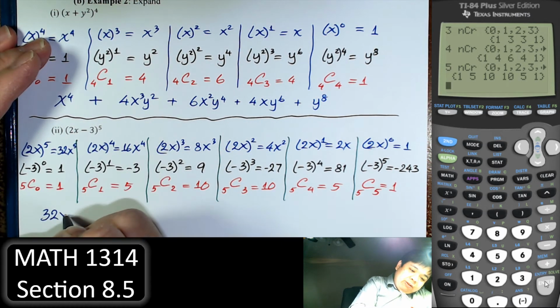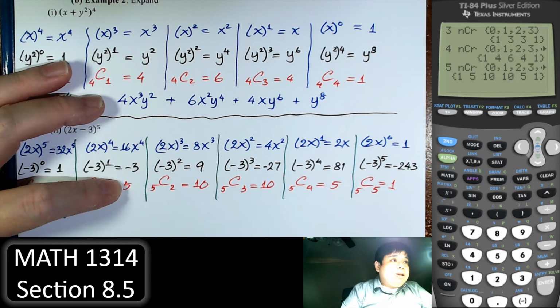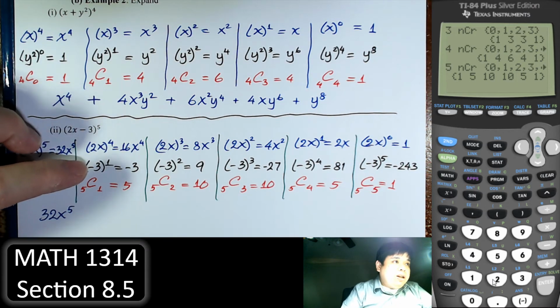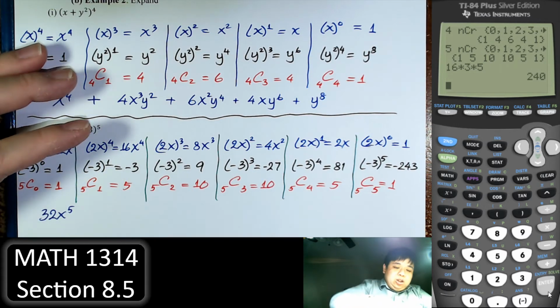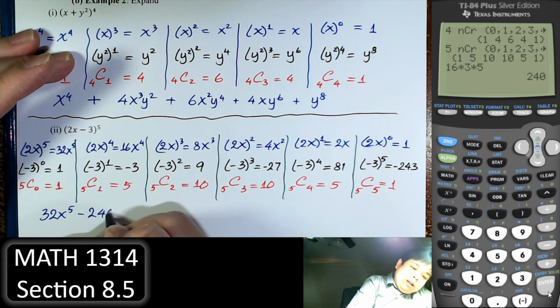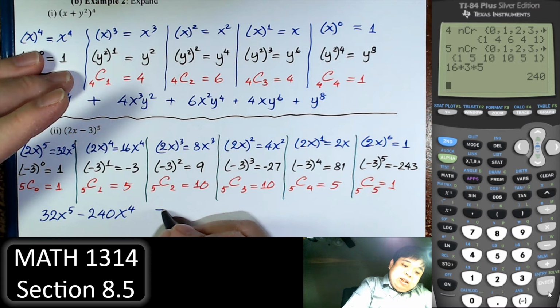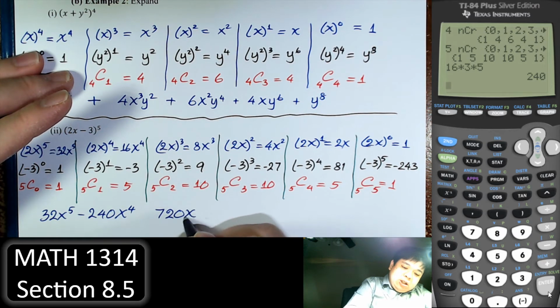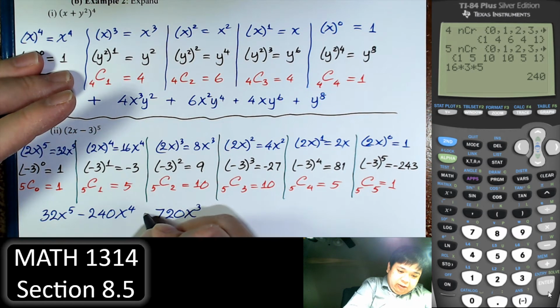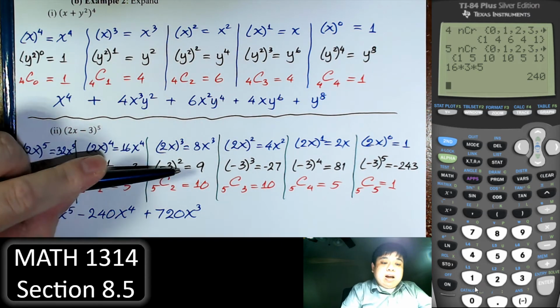32x to the fifth. 8 times 6, 16 times 3 times 5. 240. That is -240. X to the fourth. That's 720. X cubed, which is positive. 8 times 9, 72 times 10.